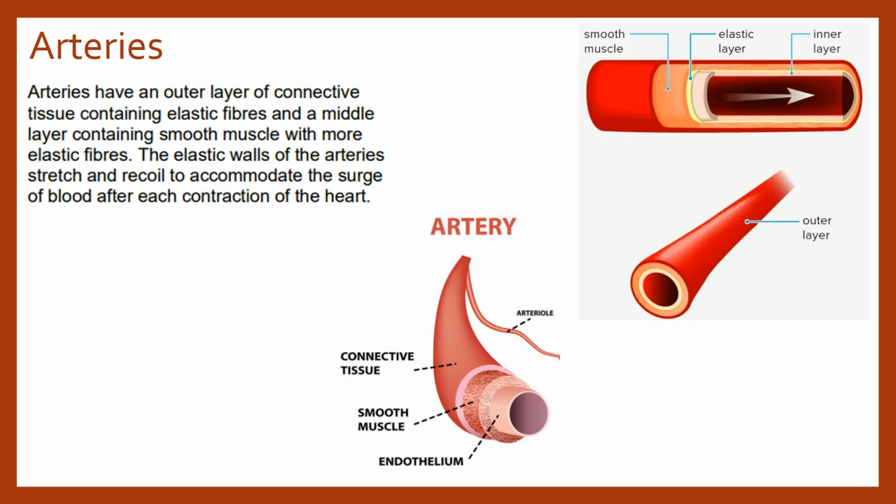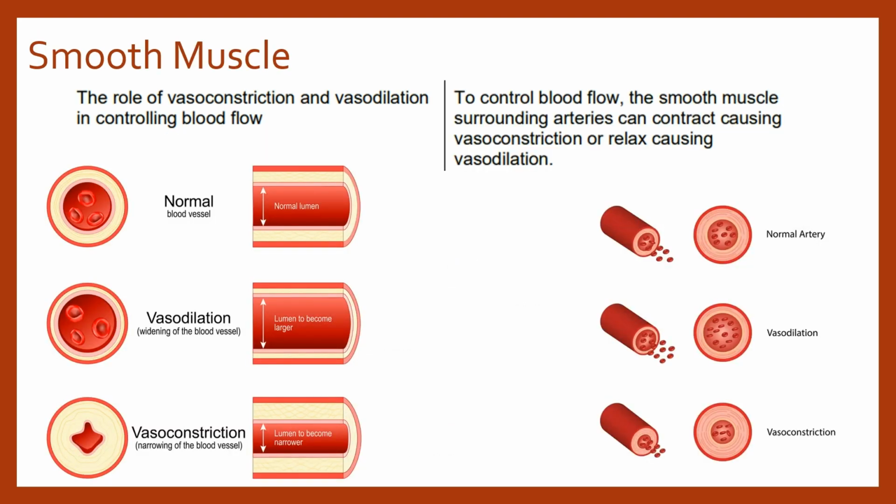So the arteries take the blood towards the tissues and contain smooth muscle. So although the smooth muscle is not actually required for the movement of the blood, that's done completely by the force generated by the heart, the smooth muscle can control the rate of blood flow.